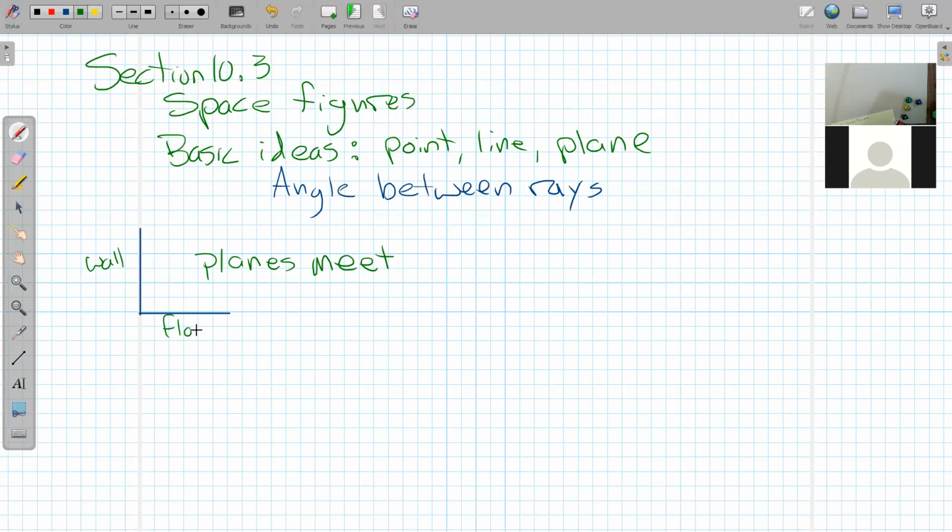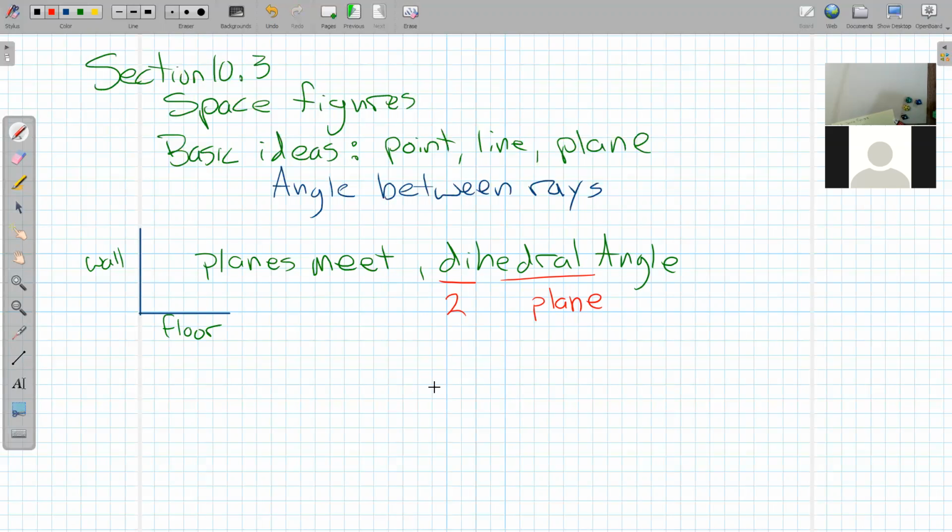Those are some examples of where planes come into our reality. Where planes meet, it's called a dihedral angle. And the di just means two, and hedral is I think it's Greek for plane. So two planes meet, they get a dihedral angle.